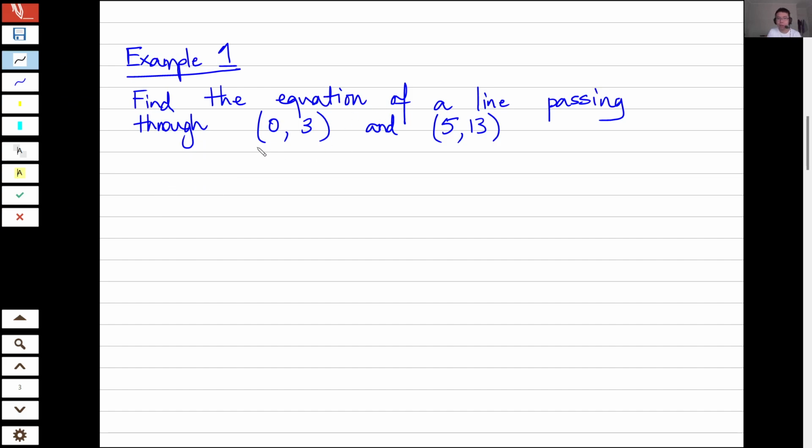The 2 points that I've given you here are 0, 3 and 5, 13. To find the equation of a line, I need to find 2 numbers, the intercept a and the slope b. Now, those of you who are observant will notice a equals 3. Why?